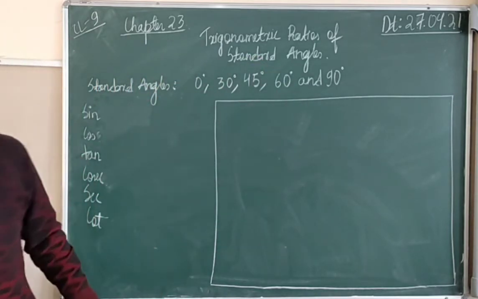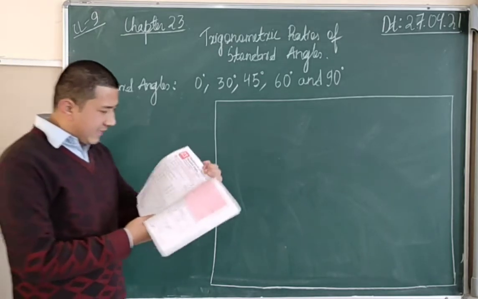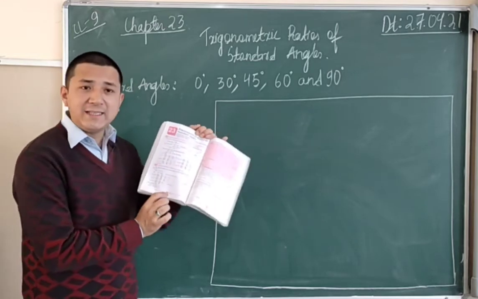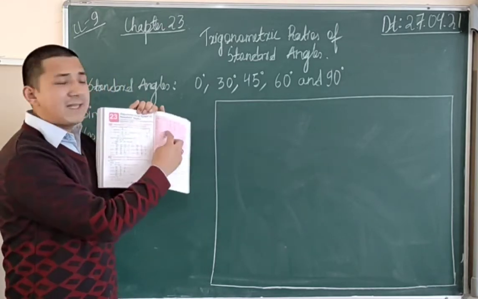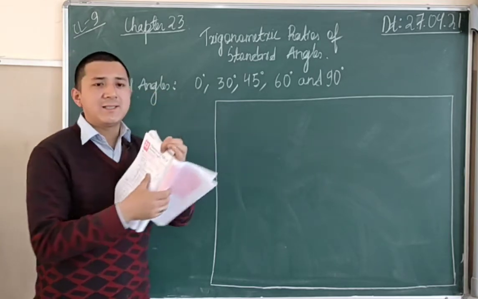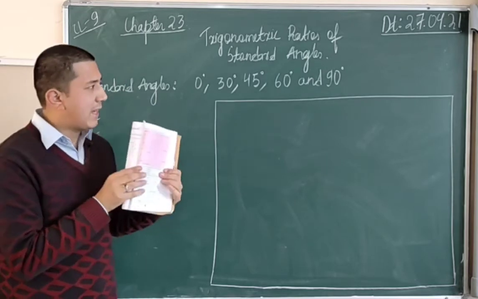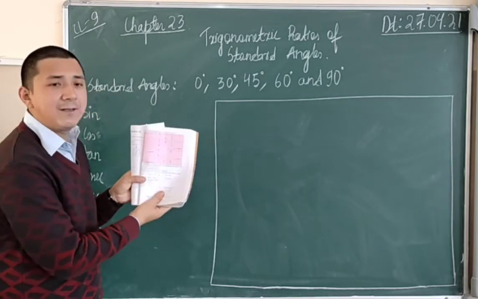Now, I want you to go to chapter number 23, which is on page number 288, and just beside it on page number 289, right at the top, you can see this table. This table is known as the trigonometric table of standard angles.